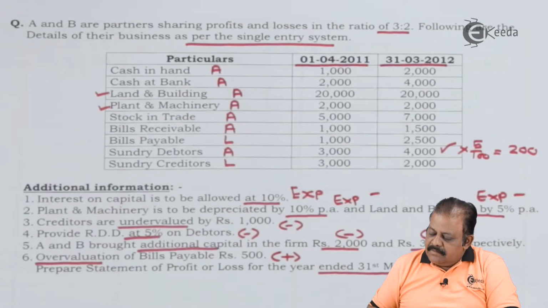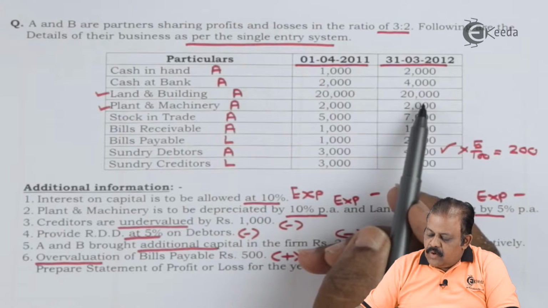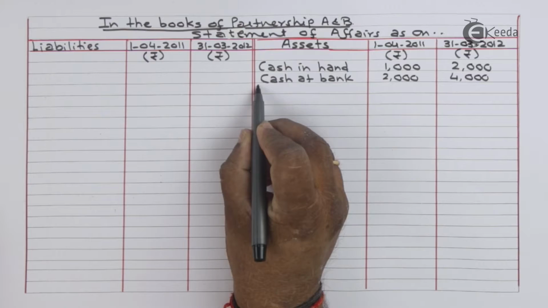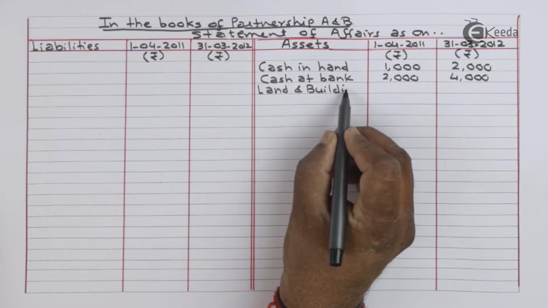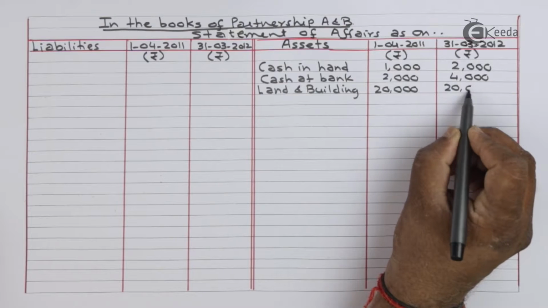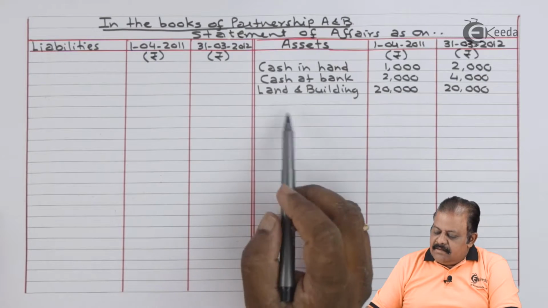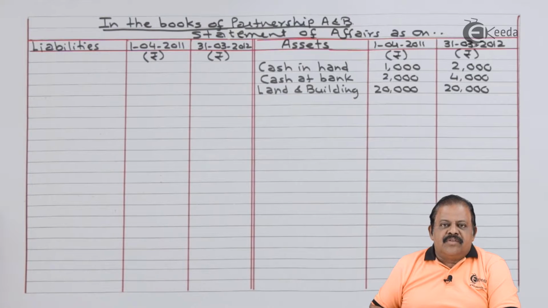Land and building 20,000, opening, closing also 20,000.